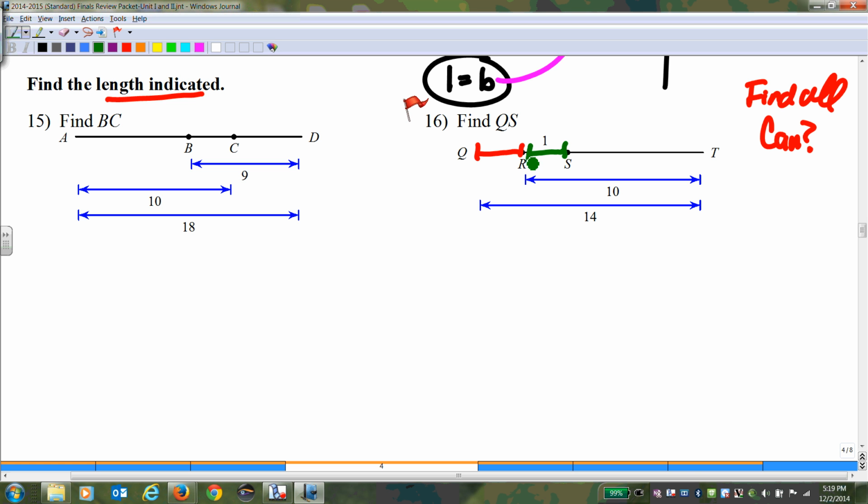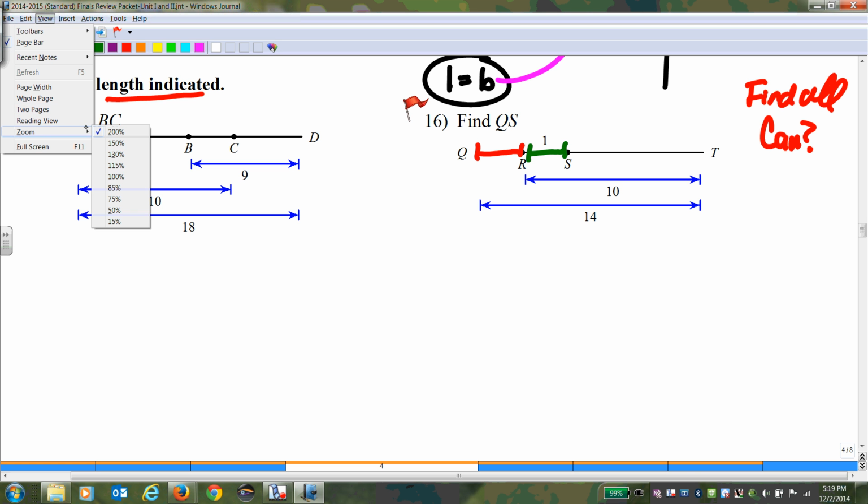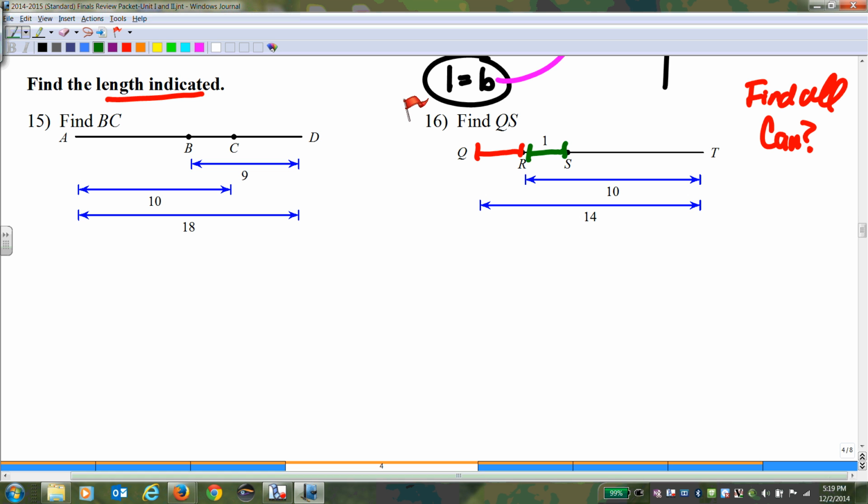R to S is 1. And we know R all the way to here is 10. Take a moment and try to find what you can easily find. Find that orange there.